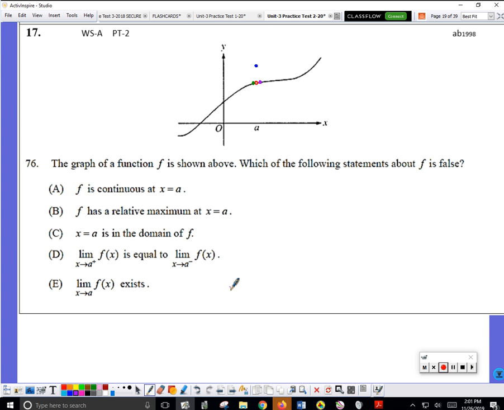Question? Please. But at x equals a, if a dot existed where the hole is, that's the value of the limit, right? Kinda. I know what you're asking. It's a good question.